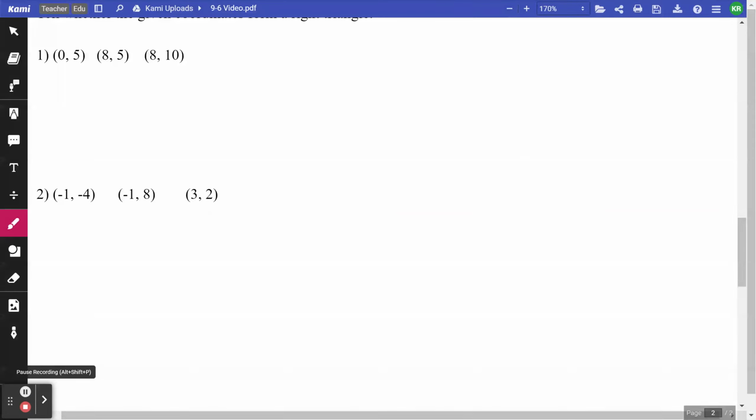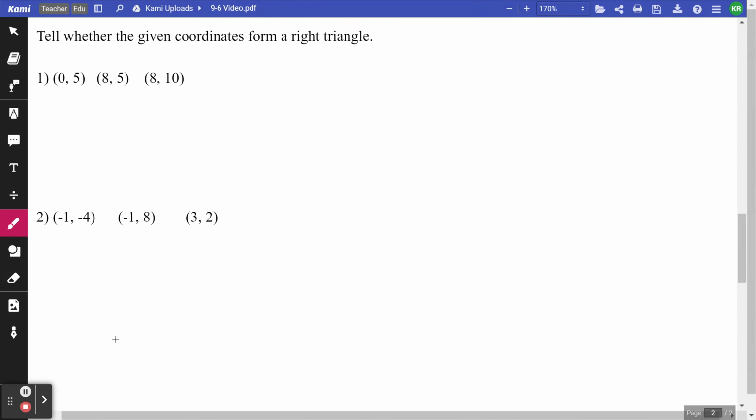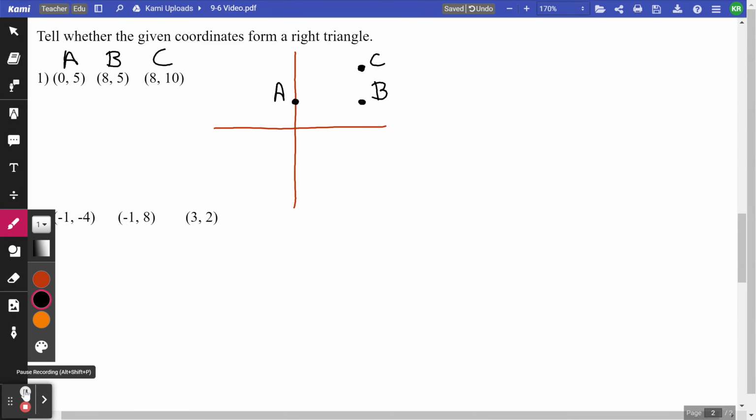The last thing we need to look at is whether the coordinates that you're given would form a right triangle. So there are 2 ways you can figure this out. You can actually make the drawing on a coordinate plane, or figure out the distance of each of the lines. So if we actually graphed it, we're going to do that here.